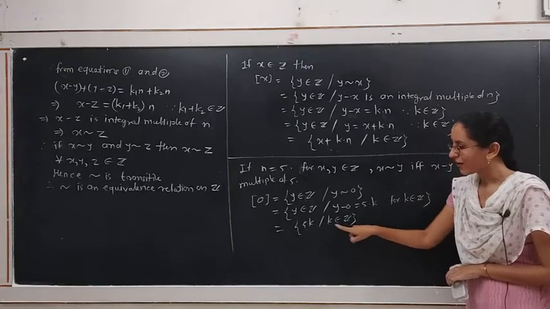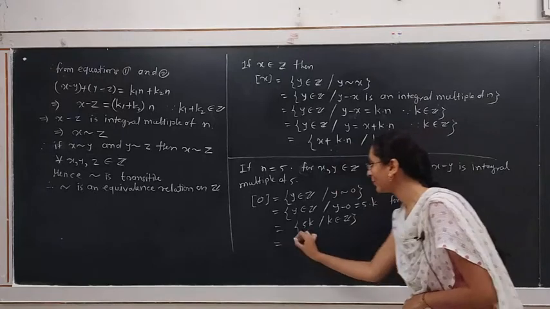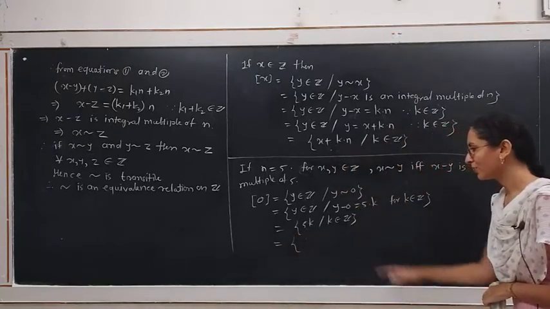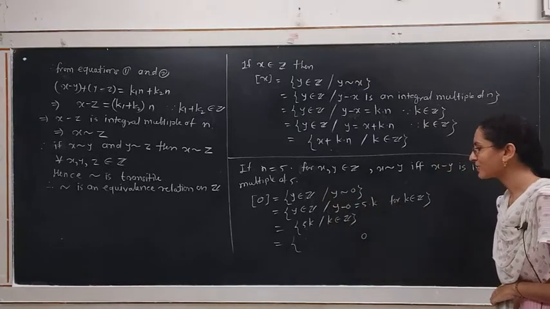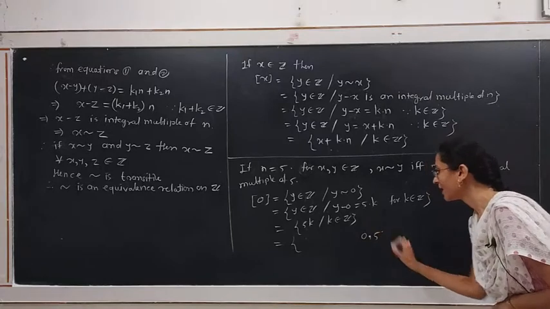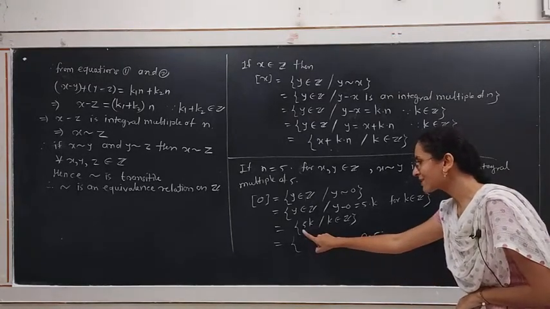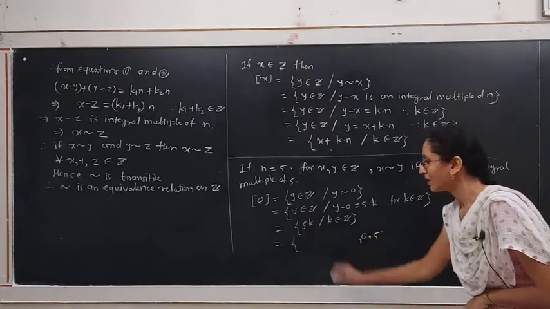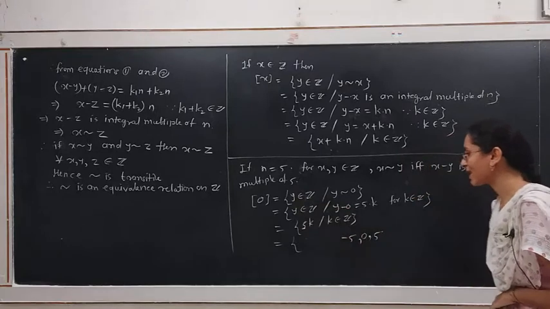Vary this integer, vary the value of k, we get this set. If k equal to 0, then 0 belongs to the equivalence class of 0. If we put k equal to 1, then we get 5. If we put k equal to minus 1 in this set, then minus 5 belongs to the equivalence class of 0.